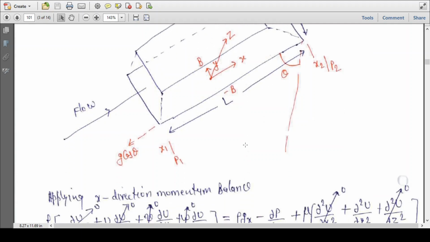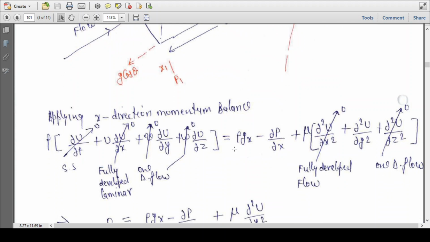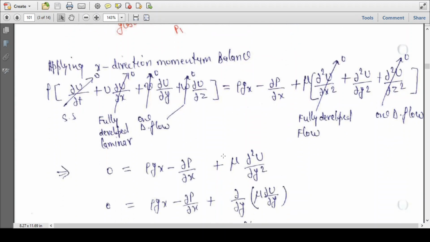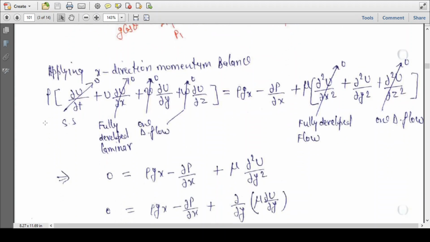For this case, if we apply the momentum balance in the direction of the flow, this is the x momentum balance in rectilinear coordinates. Now let us put constraints for our condition. First, this is steady state flow, so this time derivative would be 0.